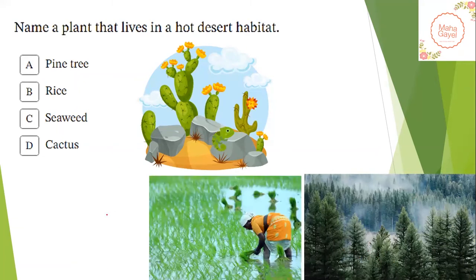Look with me. These are rice fields. So it seems like it needs a lot of water. So of course it can't grow in the desert. So pine trees need cold weather. Rice also needs a lot of water, which cannot be the desert.